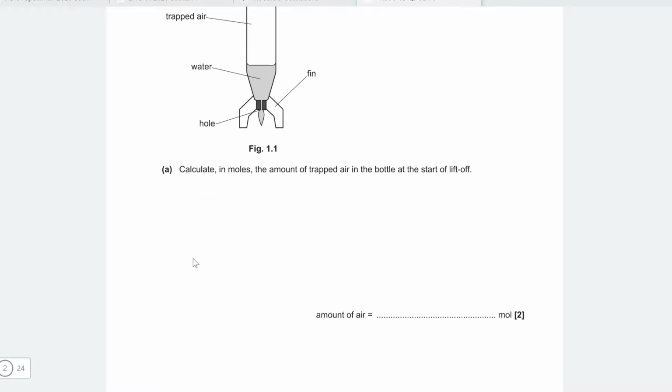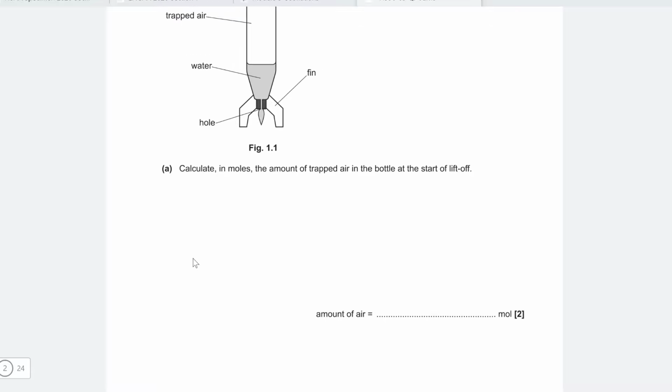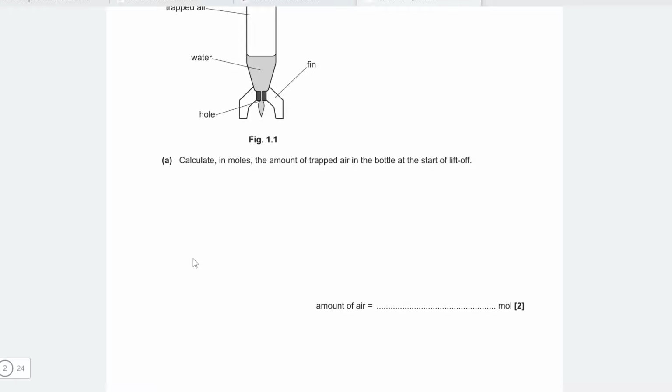For part A, we need to calculate in moles the amount of trapped air in the bottle at the start of liftoff. Okay, well, for this, we're going to be using essentially the PV equals nRT equation.